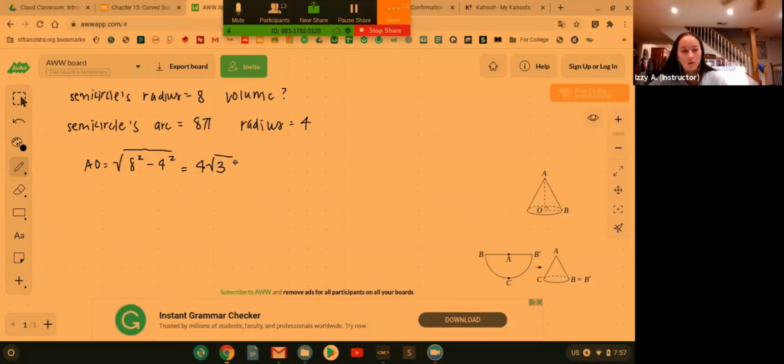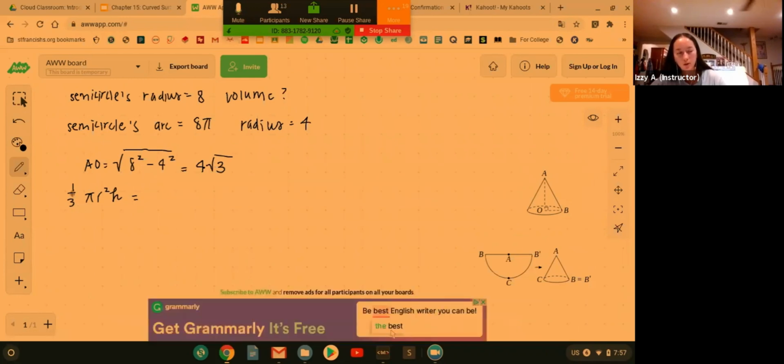So then the volume is going to be pi times r squared times height, and I'll just include the 1/3 in the front. Let's make it pi r squared times h over 3. So then that would be 64 times pi times the square root of 3.